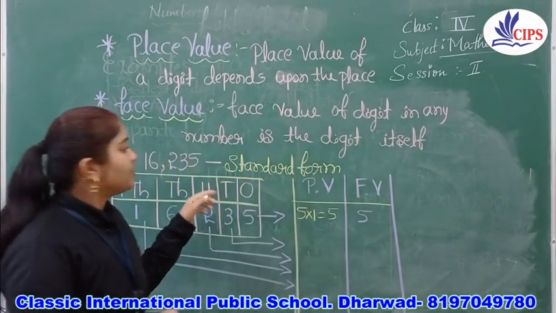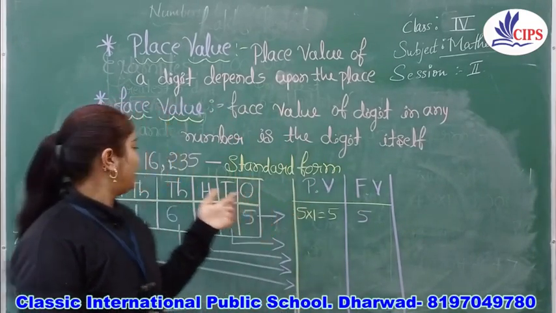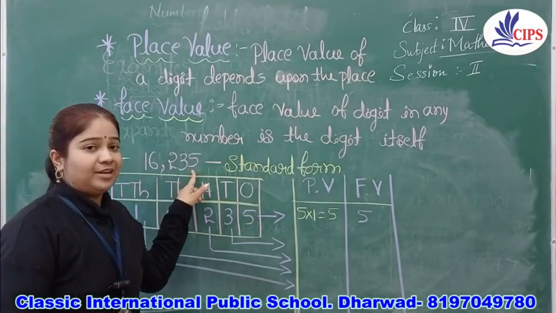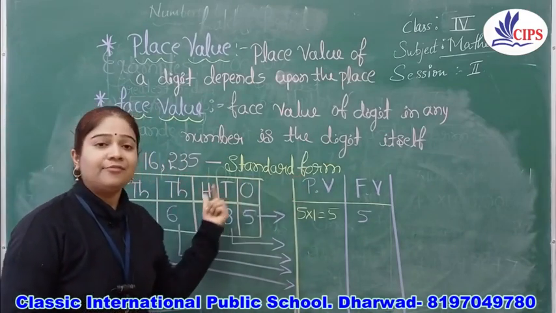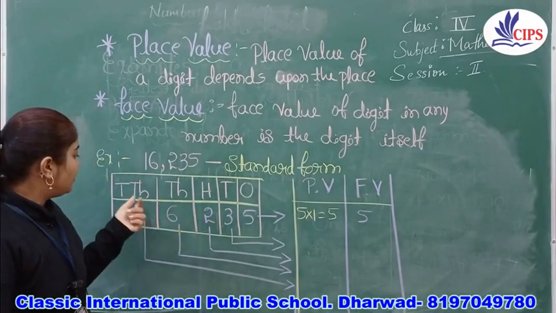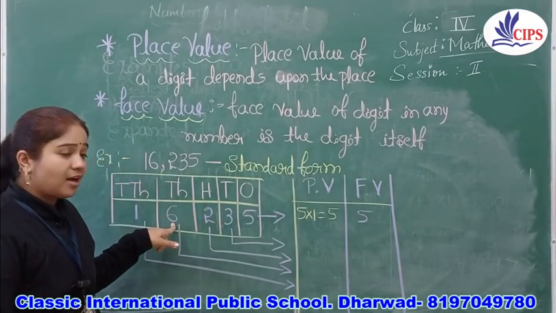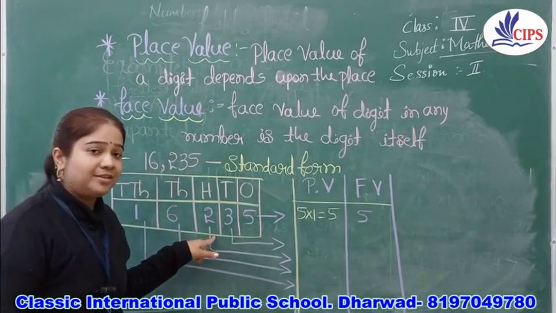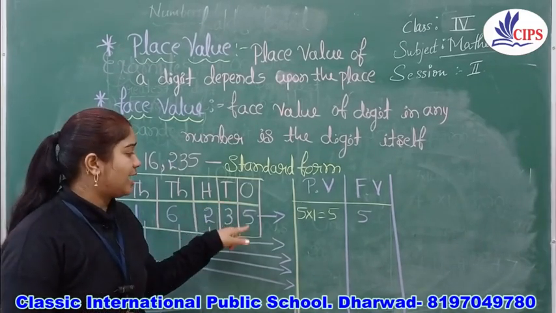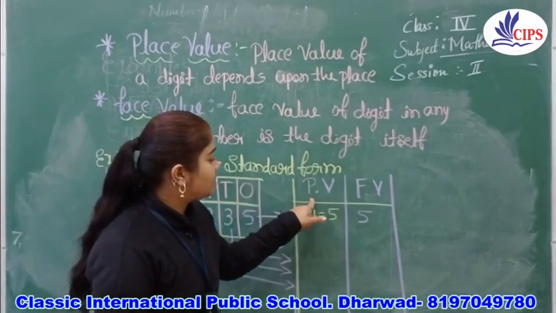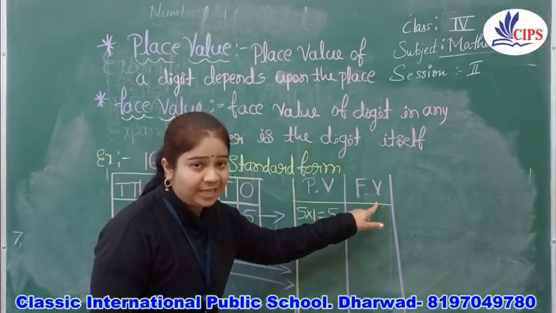So we'll take one example: 16,235, a standard form. Here 1 is in the 10,000 place, 6 in the 1,000, 2 in the 100, 3 in the tens and 5 in the ones. You know that. Now we'll write the place value and face value.